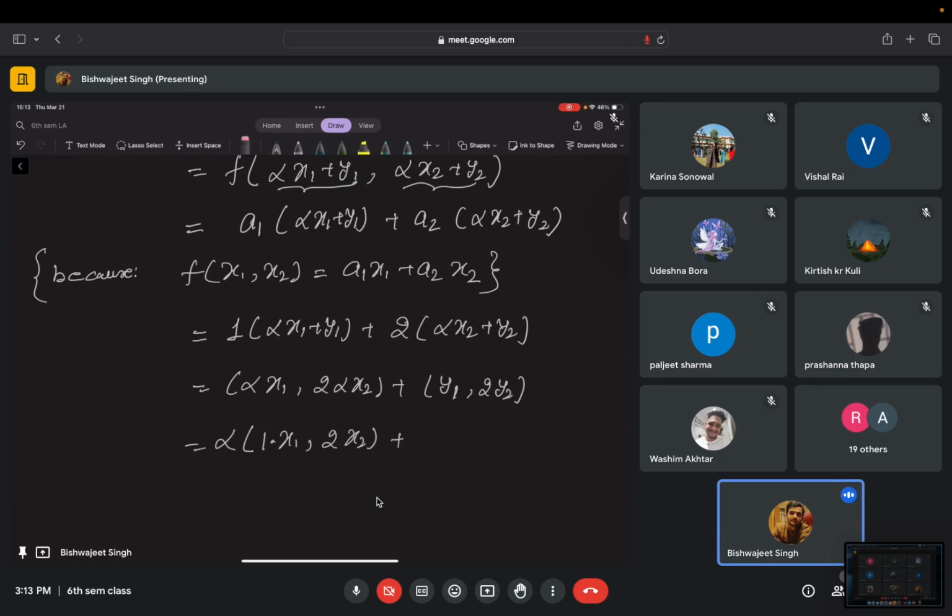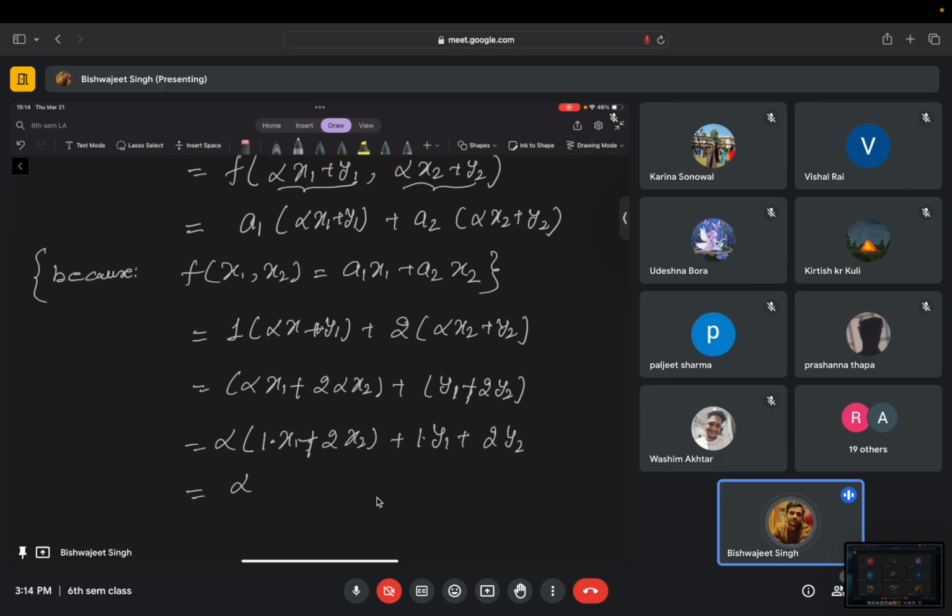Sorry, this is not a comma, obviously, because it is a linear function, so this is also plus. So this is y1 plus 2y2.